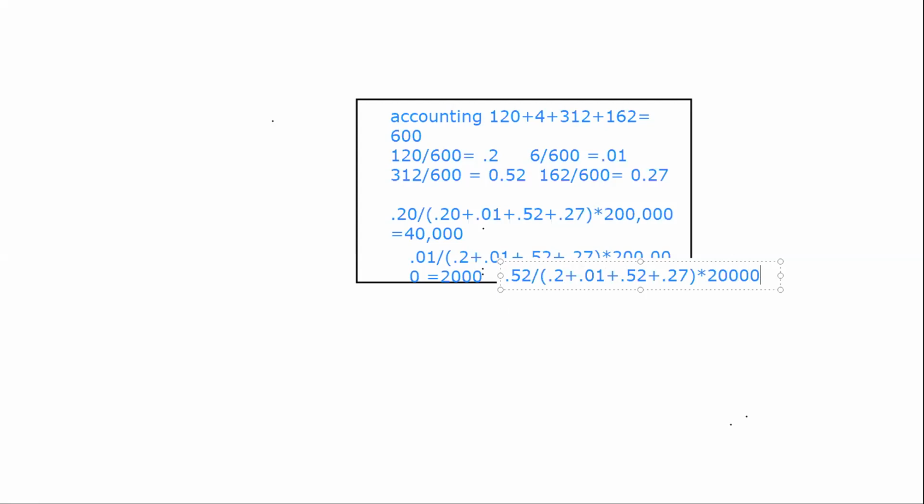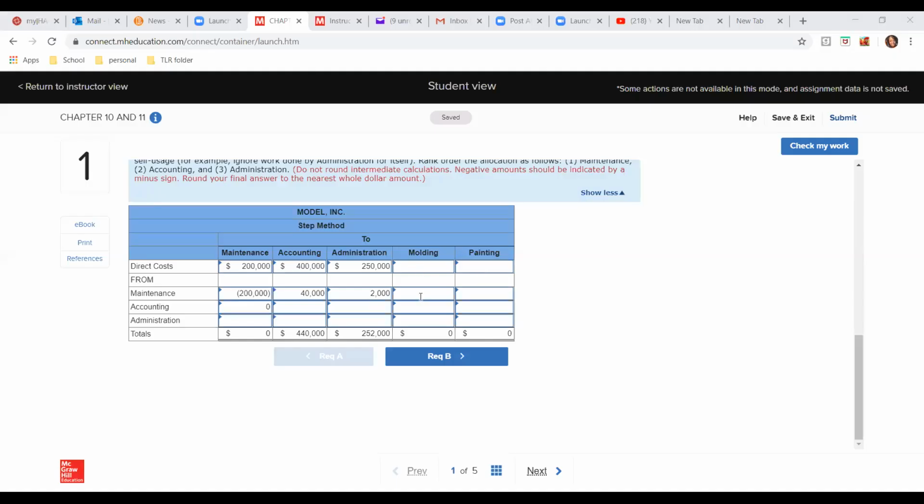It's based on cost. I believe the hardest part of all of this is remembering the cost allocation method that this particular problem is asking you to use. So if I do it right, for the molding department, it should be around 100,000, but I have to make sure my numbers work.